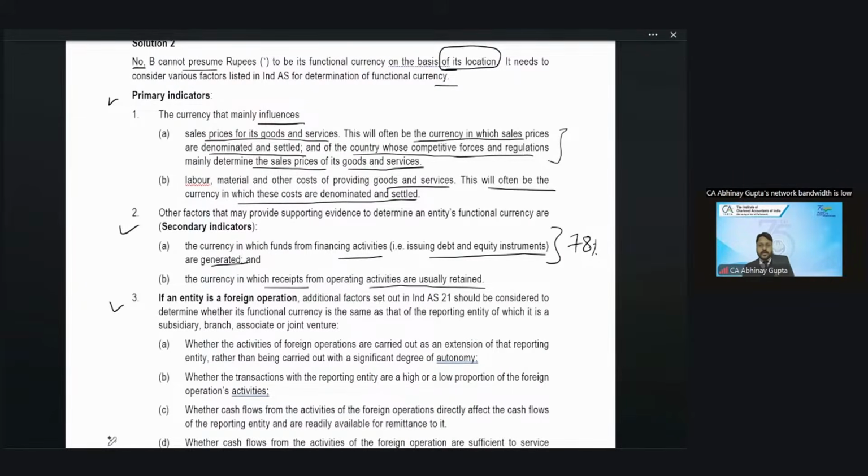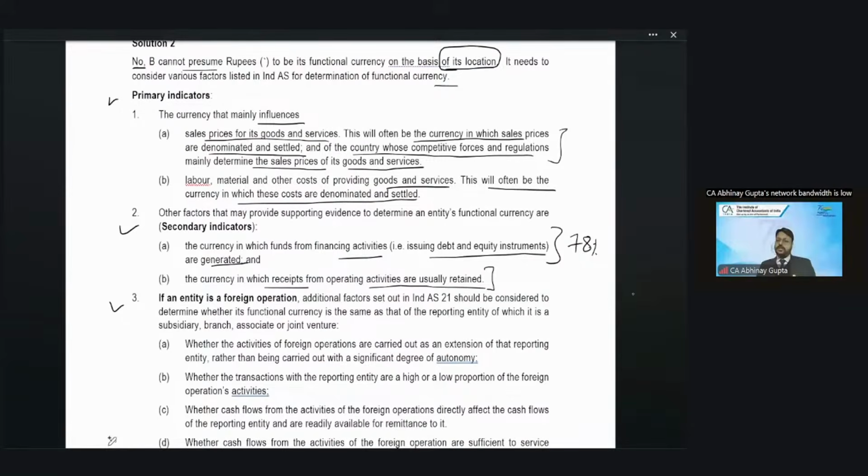And repayment of those finances is happening on a monthly basis by converting the cash into USD and remitting it to A on a monthly basis. So that means as and when the debtors are collected or the cash is generated, that is immediately converted into USD for the remittance purpose. So they are being retained in the form of USD only most of the times.